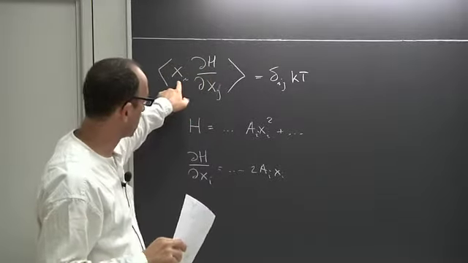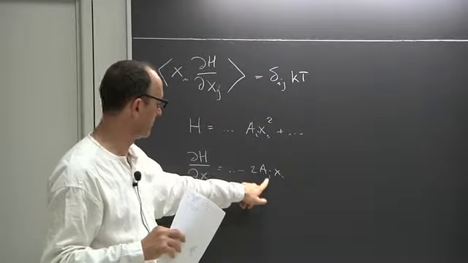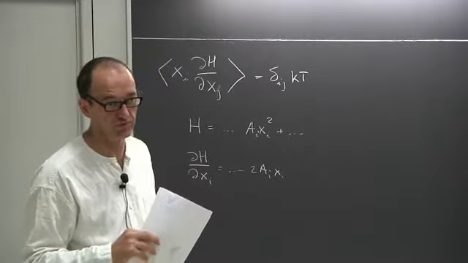When you multiply by xi, you get xi squared, so you get the same part of the Hamiltonian which depends on xi multiplied by 2.